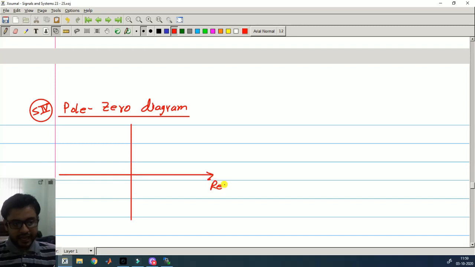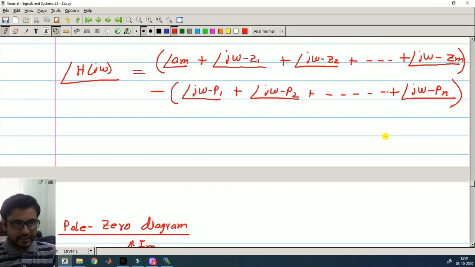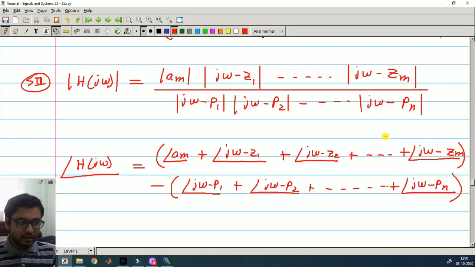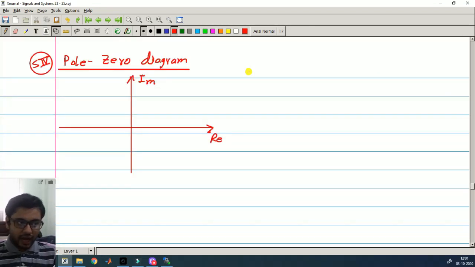This is the real axis, imaginary axis, and then z1, z2, zm and p1, p2, pn are complex numbers in general, with a real part and imaginary part. Therefore, we can identify their location in this complex plane.